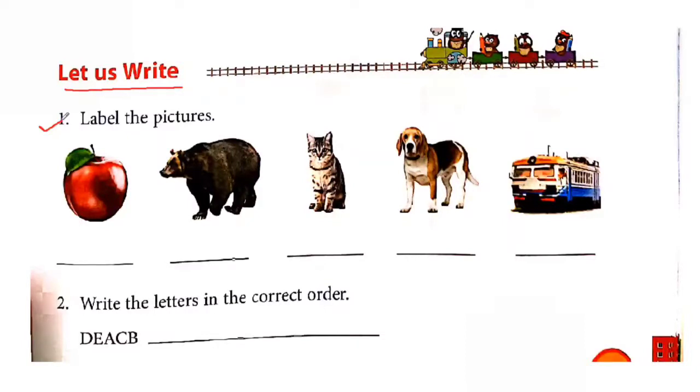Label the pictures. What is this picture about? This is an apple. So A for apple. This picture is of a bear. B for bear.